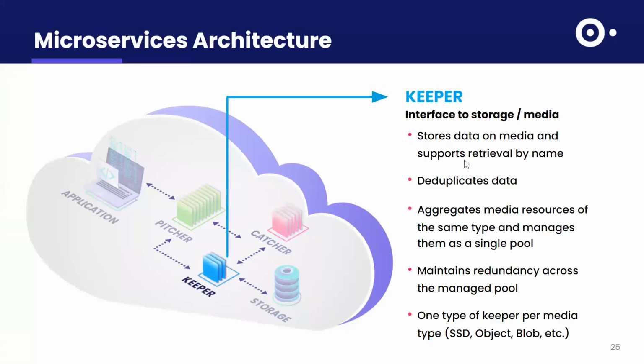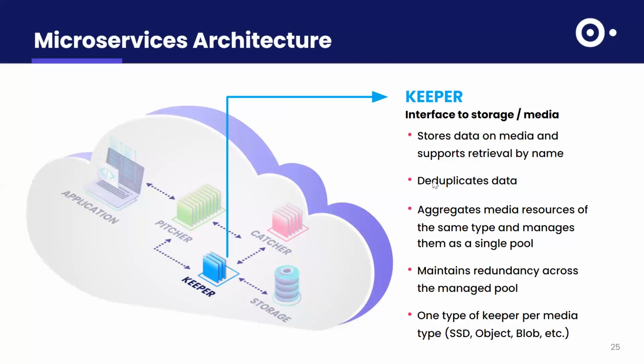And then finally, the keeper is the interface to the back end, to the storage media itself, to the physical storage. And it keeps track of what's where, what name is stored with what set of ones and zeros where. So it has no idea who's using that block, by the way, but all it knows is that it's supposed to keep track of a block with a particular name, and it does that.